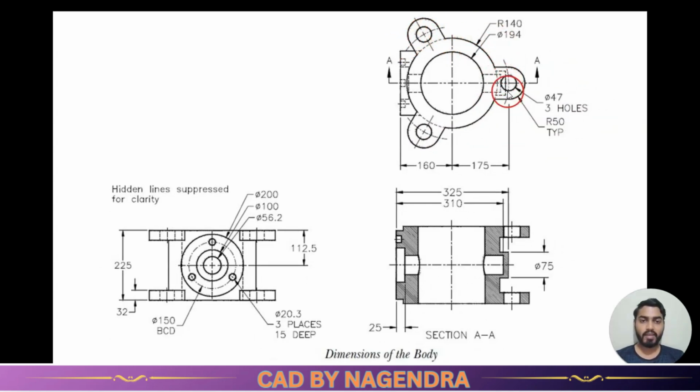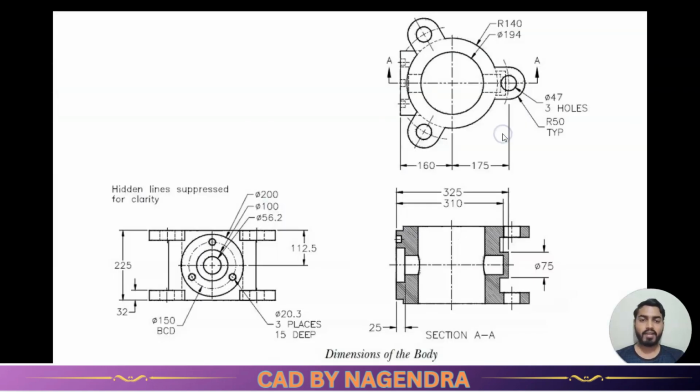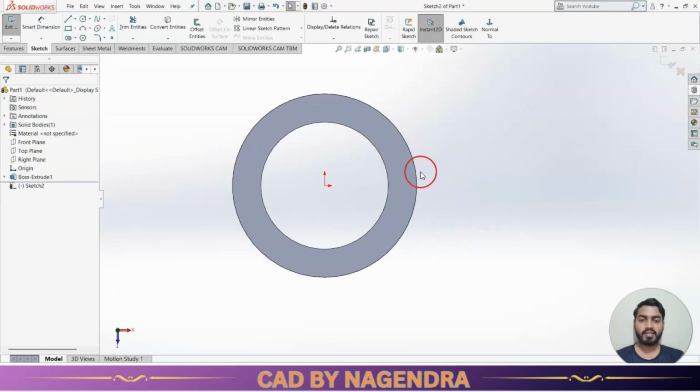This curvature dimension we wanted, but they have not specified it. So we can take it with reference to this dimension we have, 175. You can take this curvature radius as 175. So let me create one center point arc, or else directly we can give the dimension of 175. So we need a radius 50 circle, then straight lines exactly on this horizontal axis.